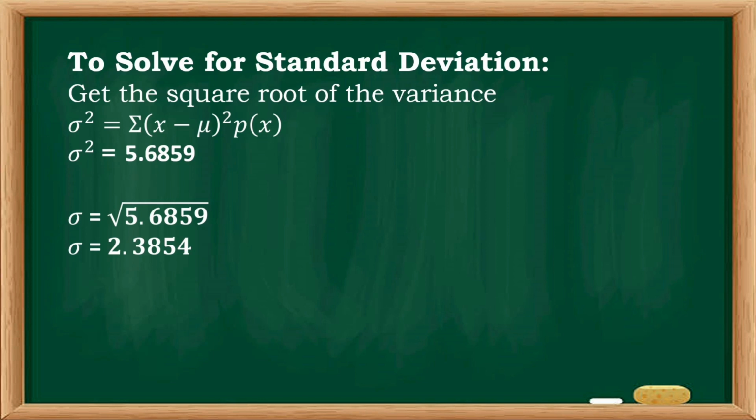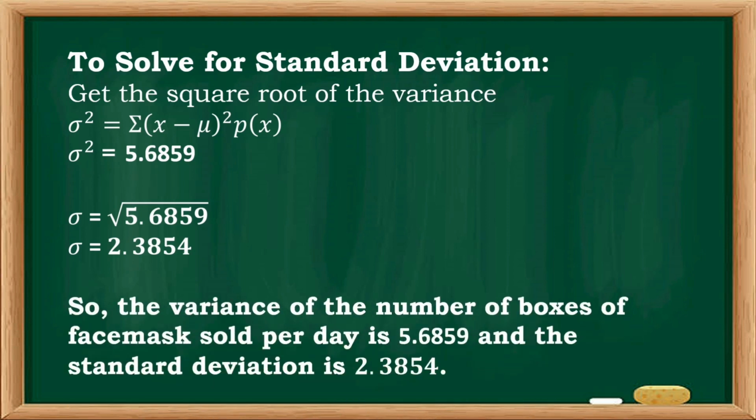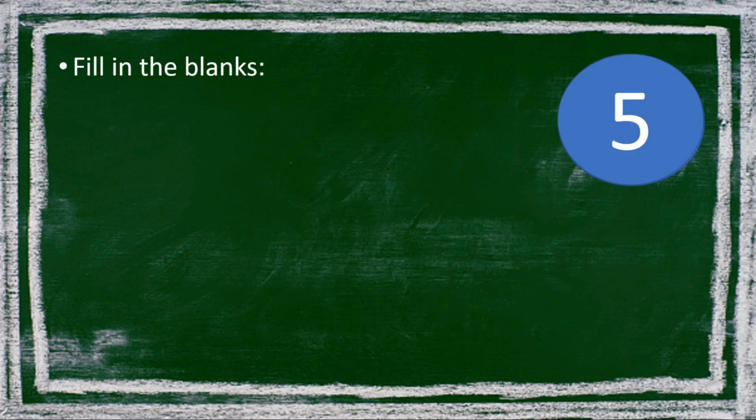Sigma is equal to the square root of 5.6859 for us to get 2.3854. So, the variance of the number of boxes of face masks sold per day is 5.6859 and the standard deviation is 2.3854.